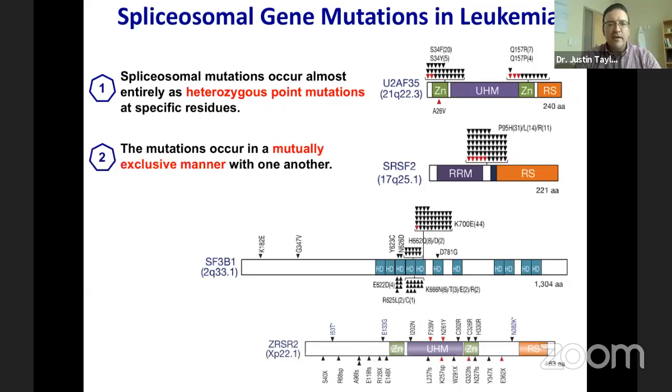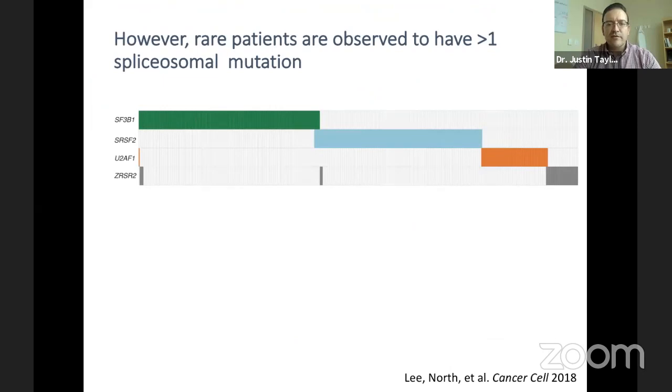However, these mutations do still occur in a mutually exclusive manner with one another, and that has been published in several papers. For example, in this Cancer Cell paper from our group in 2018, we also found the mutual exclusivity of all these 4 main genes that I just mentioned.